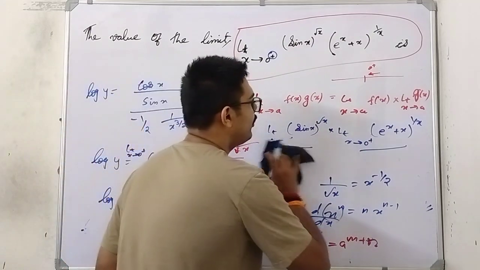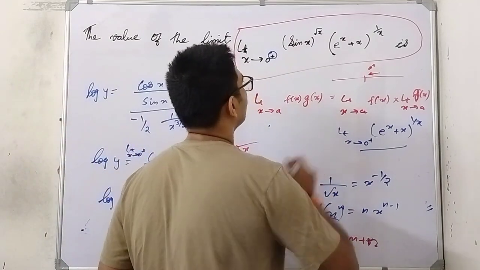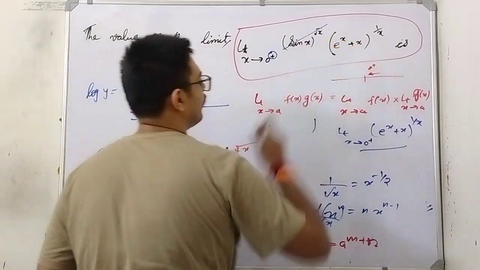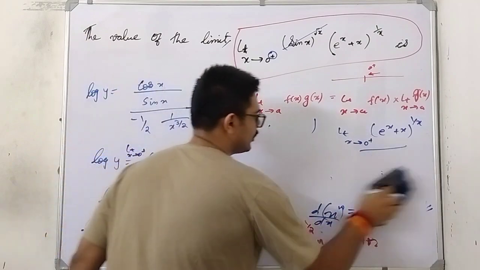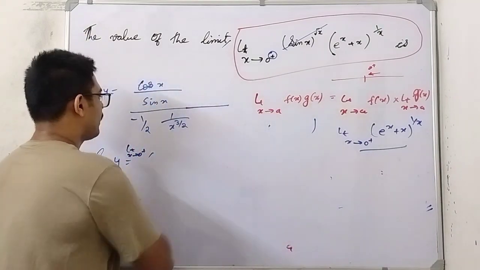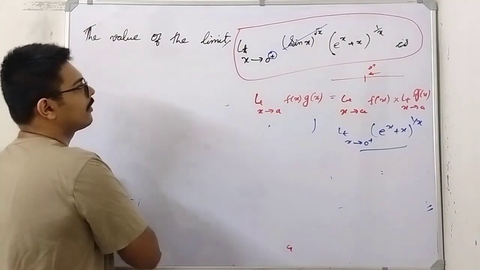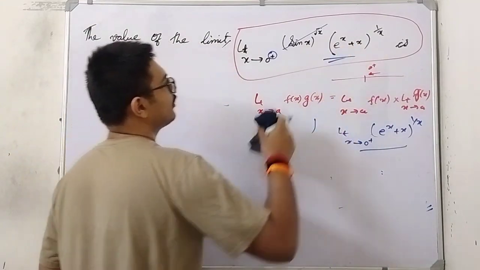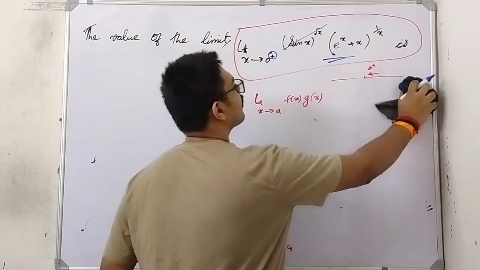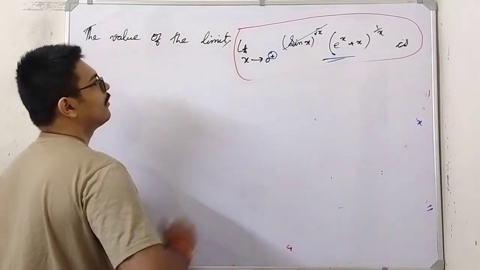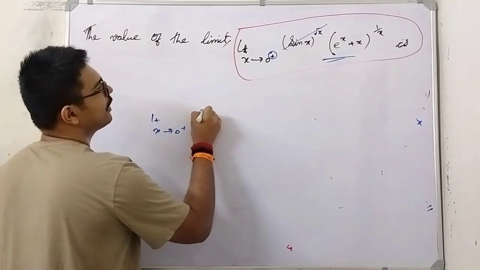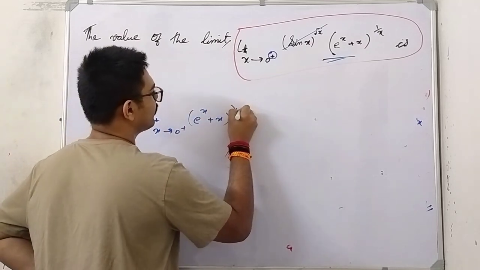So this part will be 1. So this limit is solved. It is equal to 1. Now our question is only this much. We need to solve this part: the value of limit x tends to 0 plus e raised to x plus x, the whole raised to 1 by x.